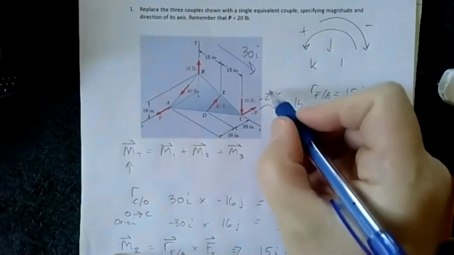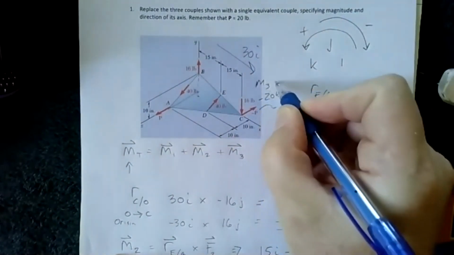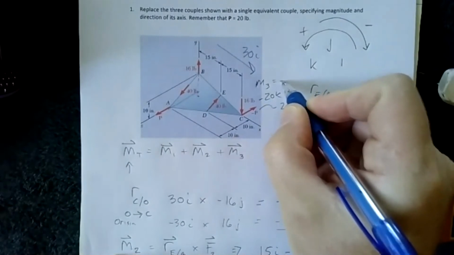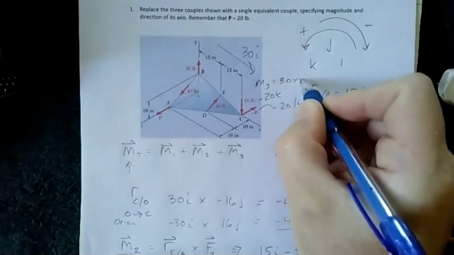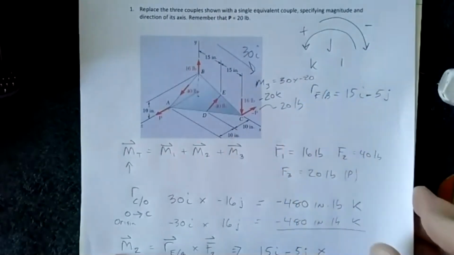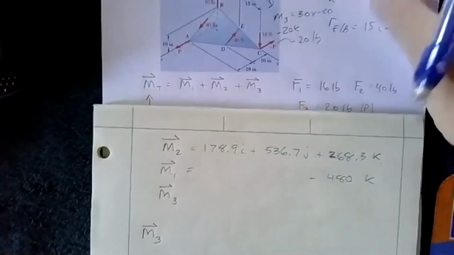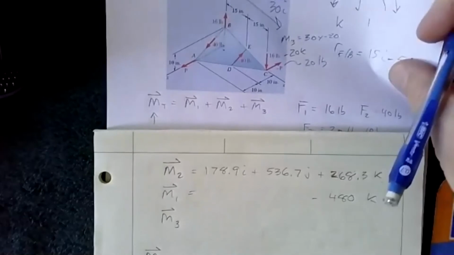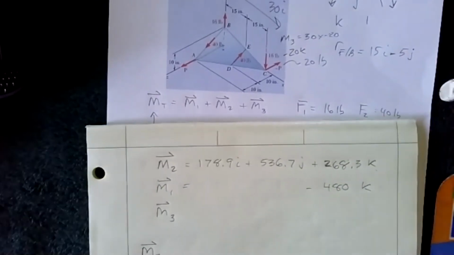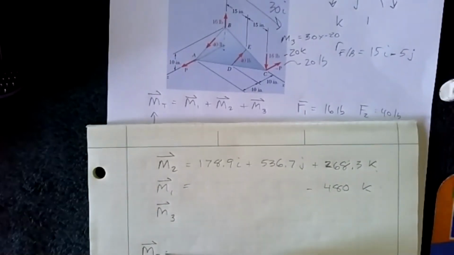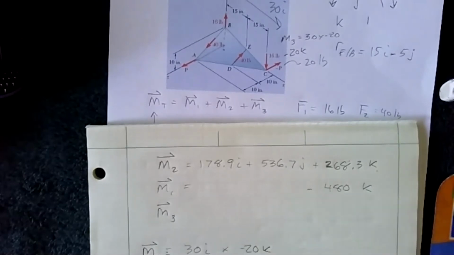So for M3, I have 30 cross negative 20. Let's write that out. If you have this printed next to you, you can see it. M3 again was 30I crossed with negative 20K.